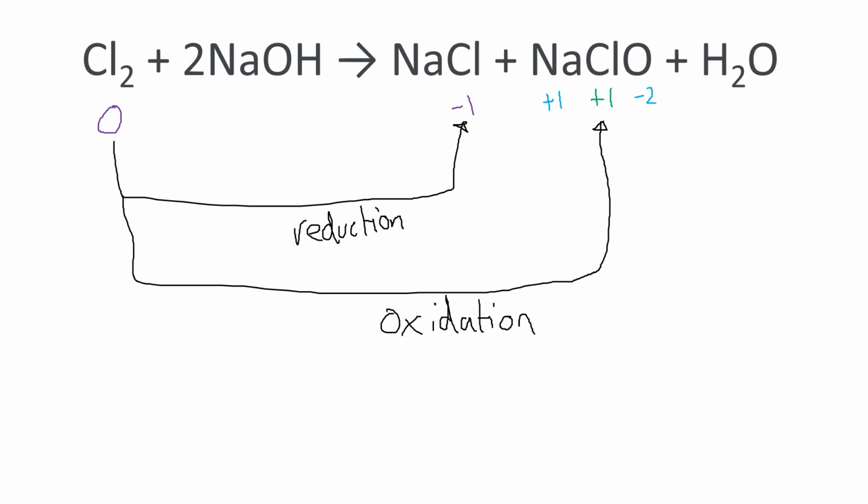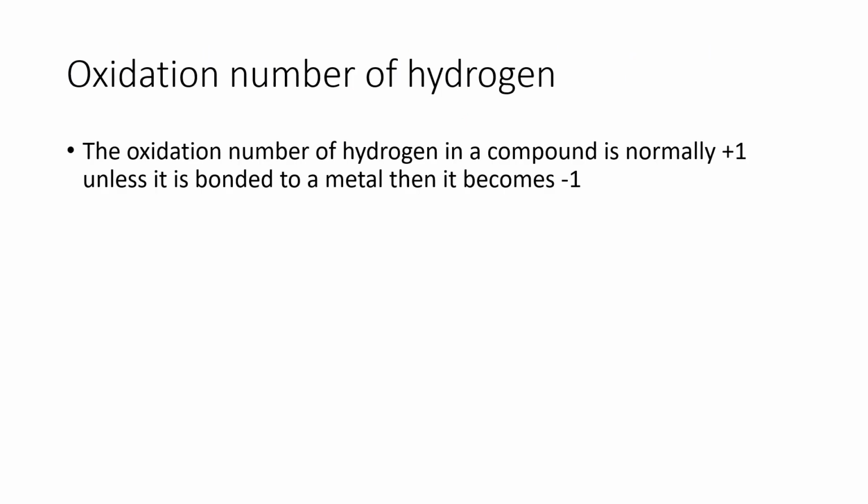Talking of hydrogen though, I think there's one other very quick thing I should cover on this. So yeah, the oxidation number of hydrogen is normally +1. So for instance, let's just take water as our example. The hydrogen is not bonded to a metal, so the hydrogen is +1, 2 of them, and the oxygen is -2.